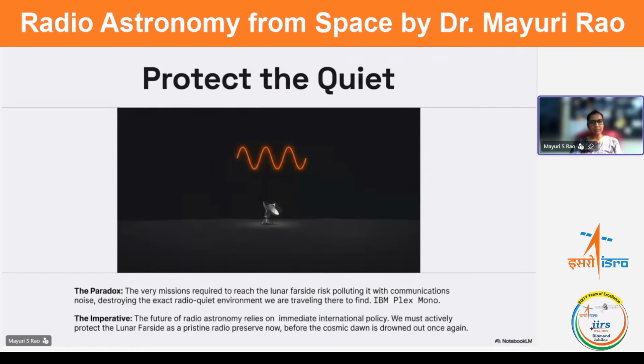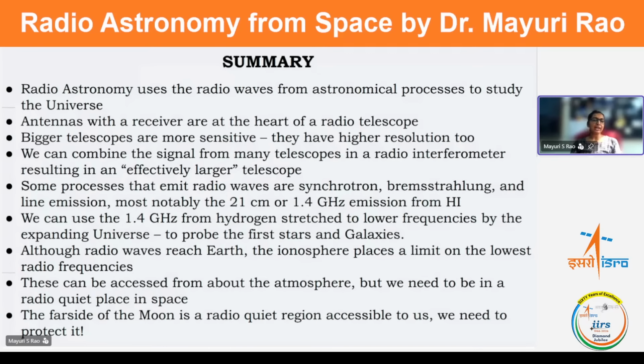Now, with that, I come to the summary. I know I've covered a lot of topics, but hopefully you appreciate that we use radio waves from astronomical processes to study the universe. Fundamentally, the sensor is an antenna, but to make a bigger and bigger antenna, you don't have to construct one big antenna.